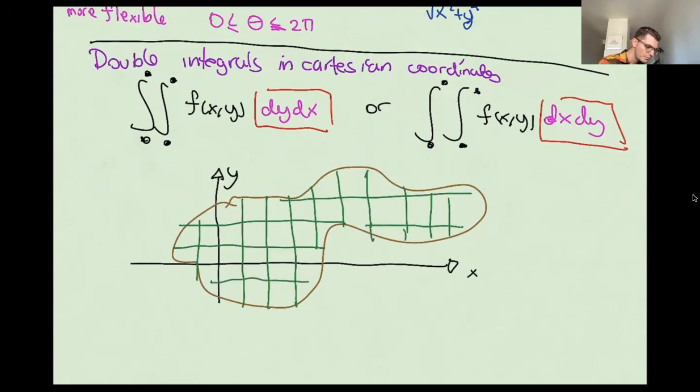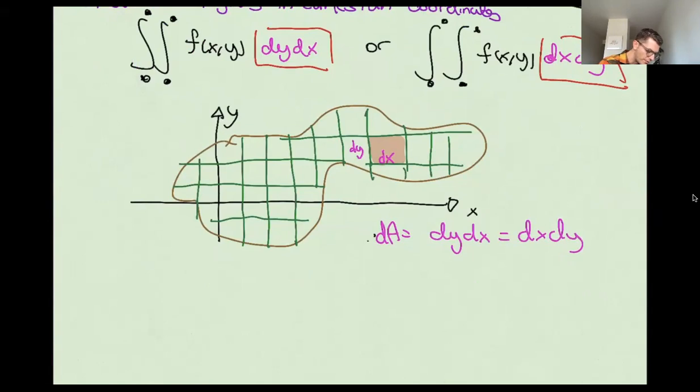If you think of this as having some width dx and some height dy, then you get this tiny rectangle which has area dy times dx. So here there's some tiny area dA, which is dy dx, or dx dy, that's fine, which is the area of a rectangle.